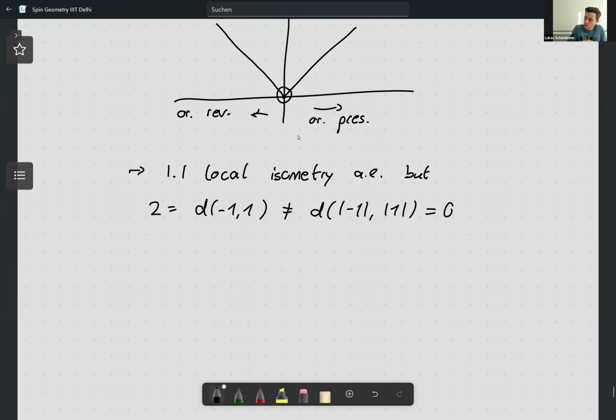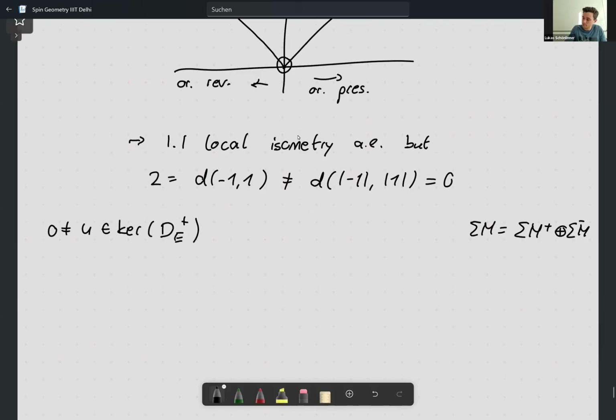This is because, let's take some harmonic spinor. As I said last time, we find this in this positive Llarull bundle. So this Sigma M splits in even dimensions into these two sub-bundles, and this harmonic spinor lives here in this positive part.